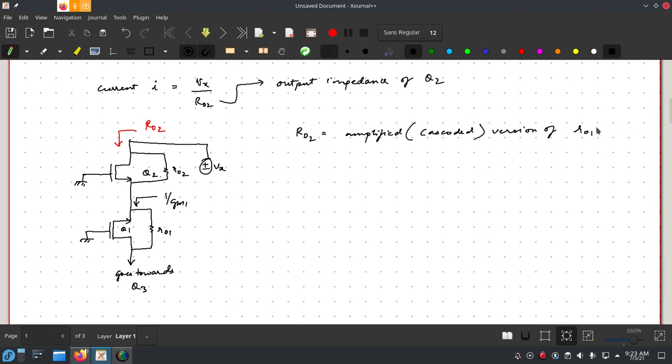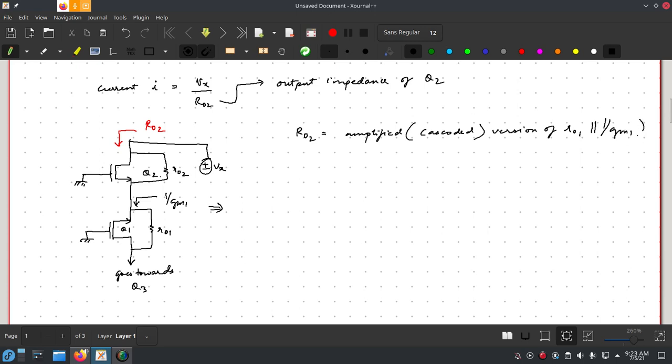I can also write it as R01 in parallel with 1 by GM1.